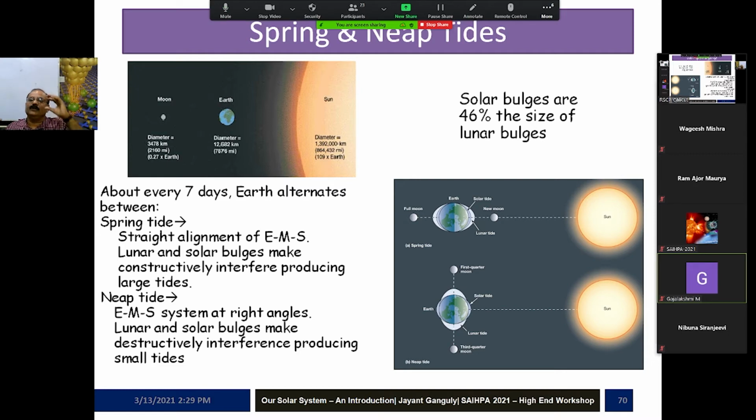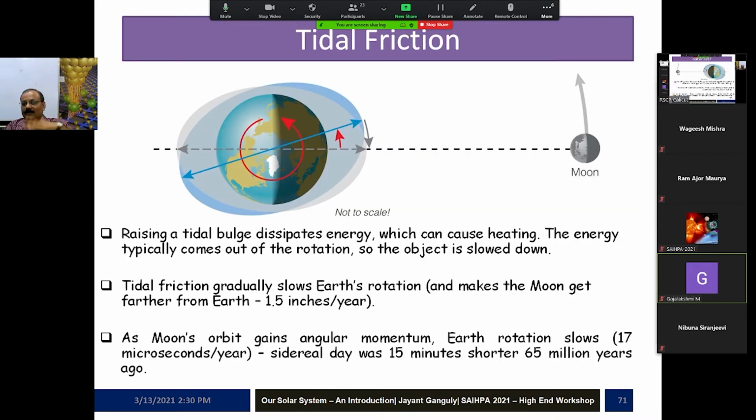So we have the moon and the Earth. The moon and the Sun may be in the same direction, or in opposite directions, or perpendicular to each other in the configuration. These give rise to different types of effects called spring tide and neap tide, and the level to which the water rises changes.